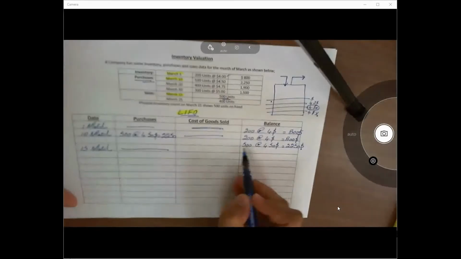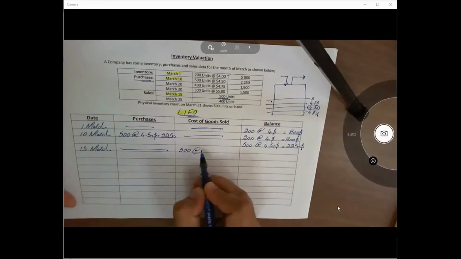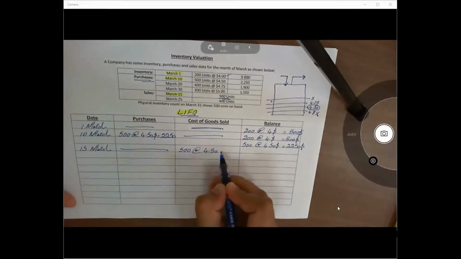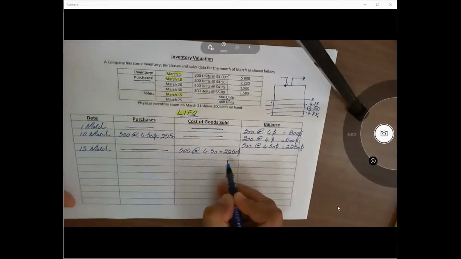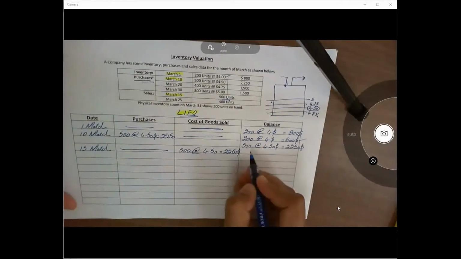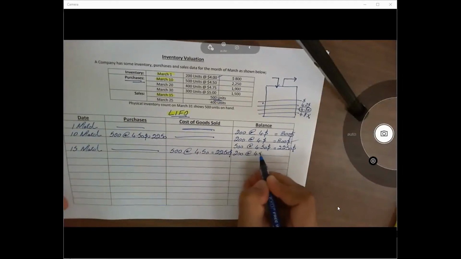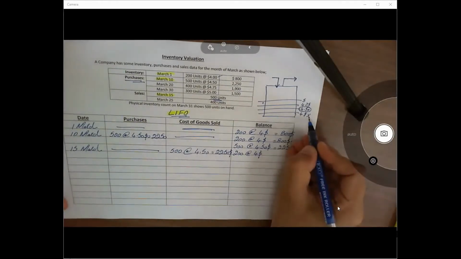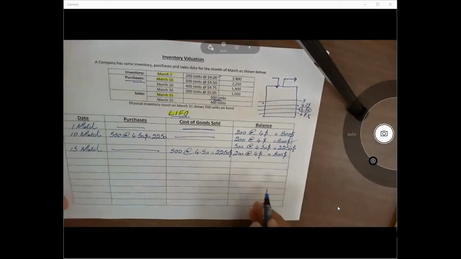So we will take the total cost, 500 units at 4.50, which ends up to $2,250. Remaining balance of inventory will be 200 at $4, which we are not selling, which is equal to $800 total closing balance of our inventory.